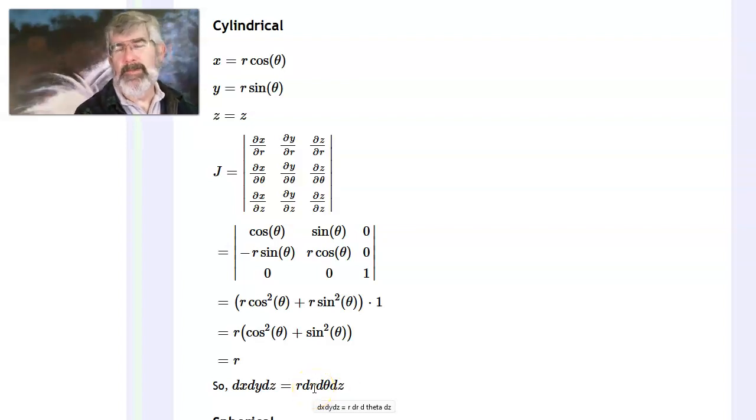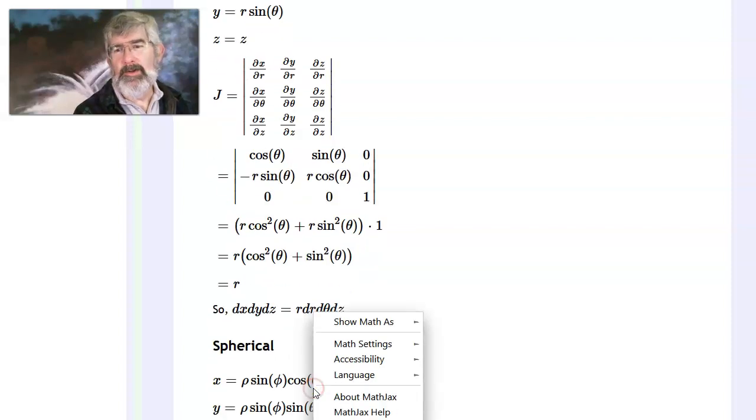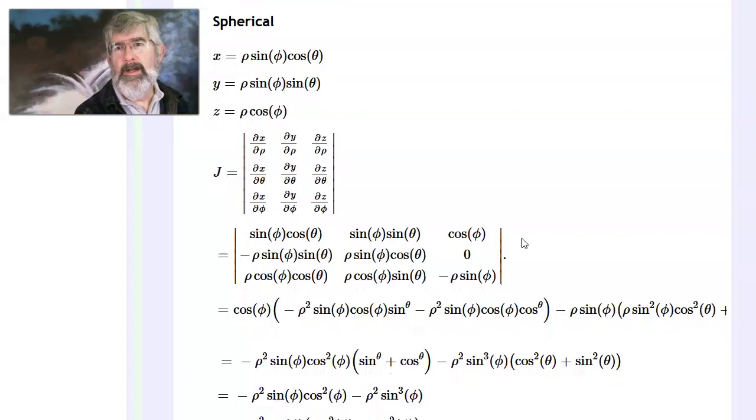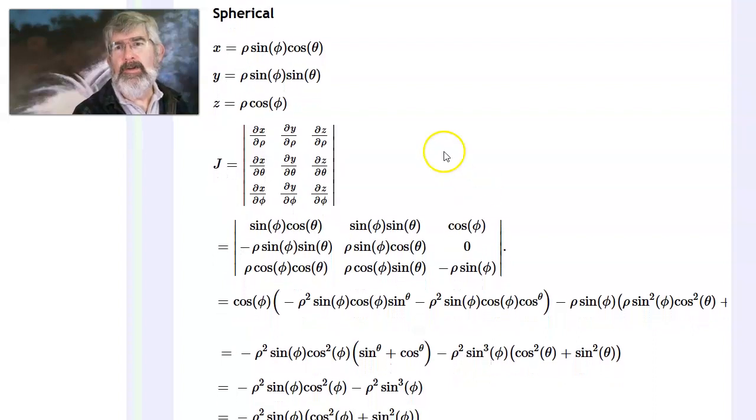geometrically before. And lastly, we'll look at spherical coordinates here. Spherical, the usual conversion formulas are x equals rho sine phi cos theta, y equals rho sine phi sine theta, and z equals rho cos phi, where again, rho is the distance from the origin out to the point xyz.